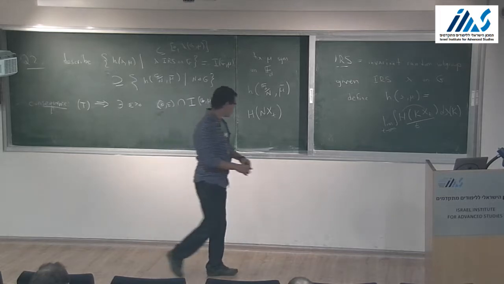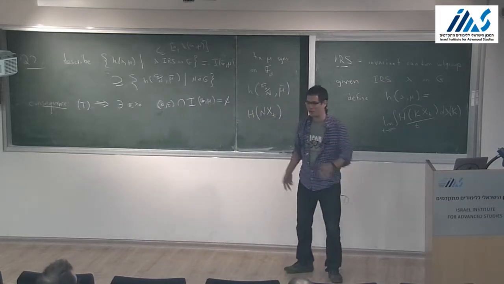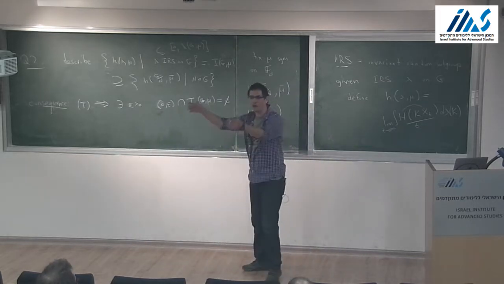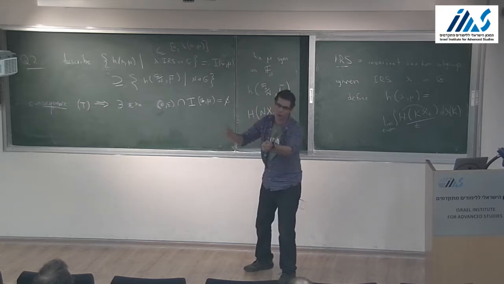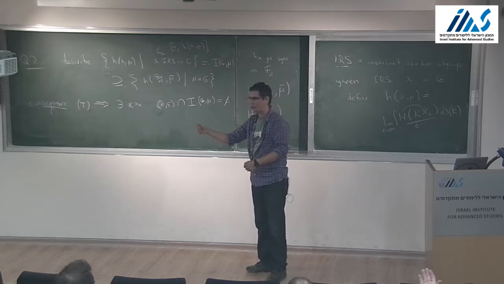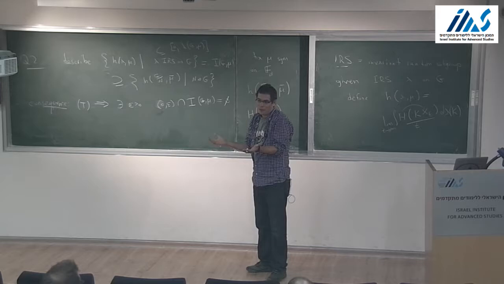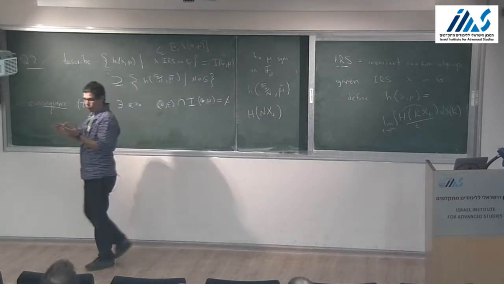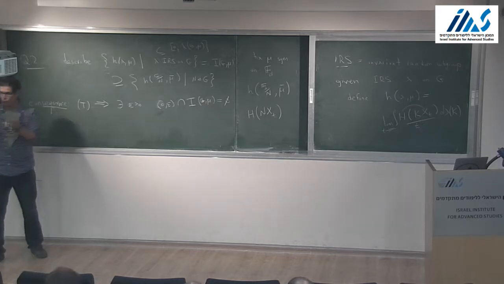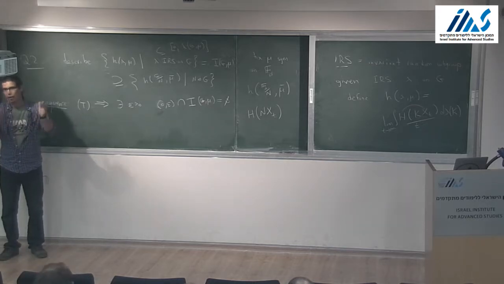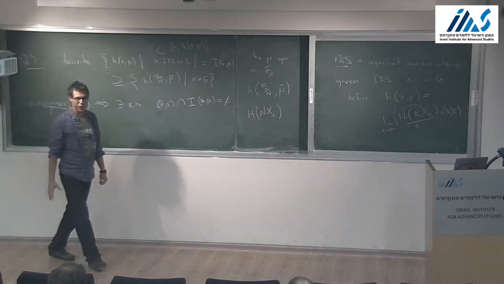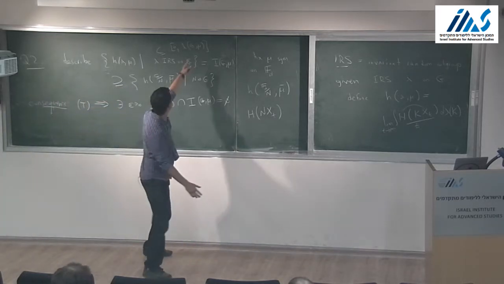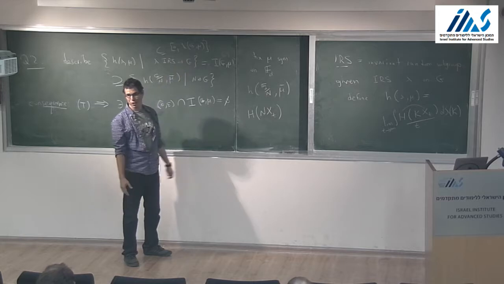So somebody should have already objected to this, because it's a very simple argument to say that if you have two IRSs, and you just choose this one with probability P and this one with probability 1 minus P, you get an IRS, right? And you can check that the entropy with this kind of combination works continuously and nicely, and then you can realize the full interval between any two IRSs. You can do the full thing, you can do the zero thing, so you can get the whole interval.